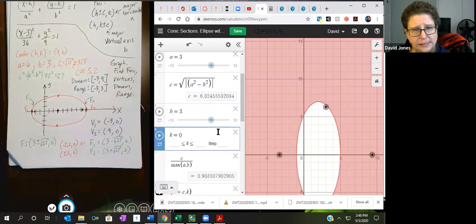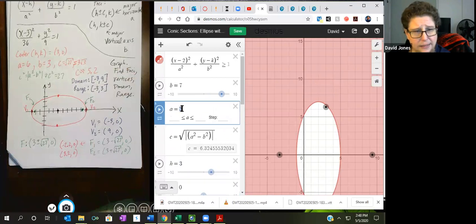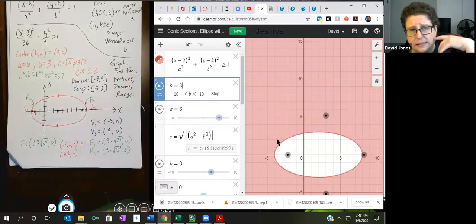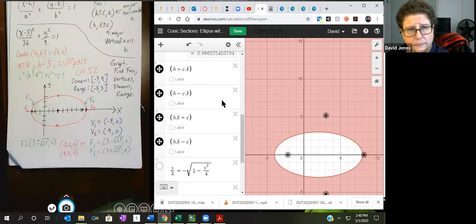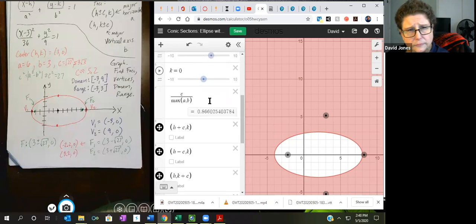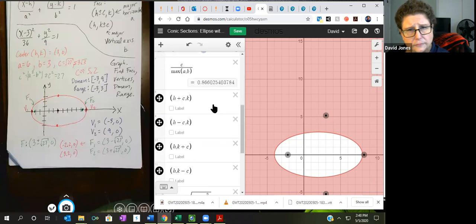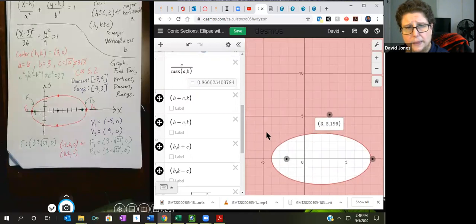We'll change this to match that. a equals 6, b equals 3. What's off here? Those are outside it.